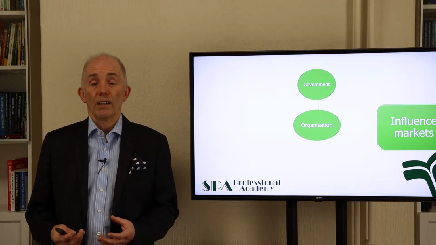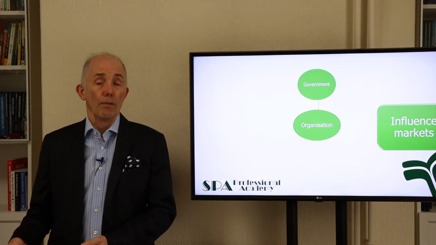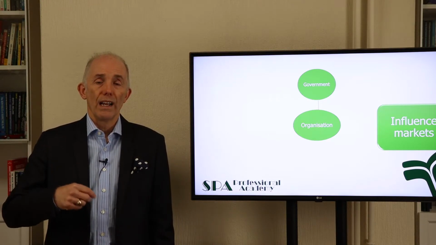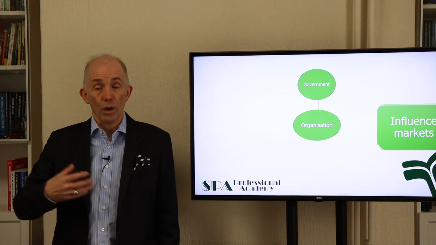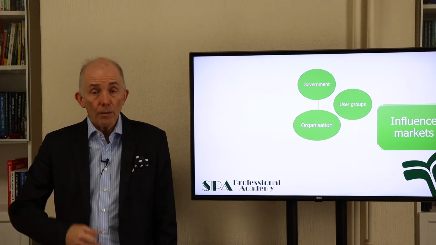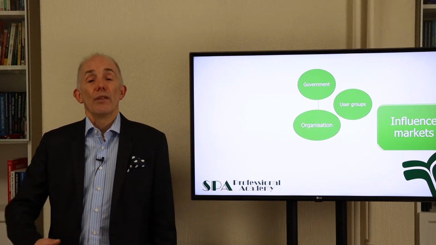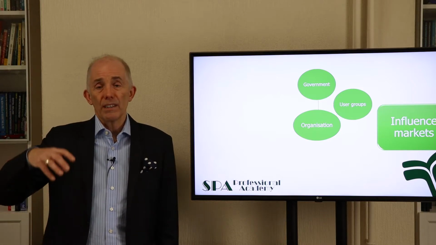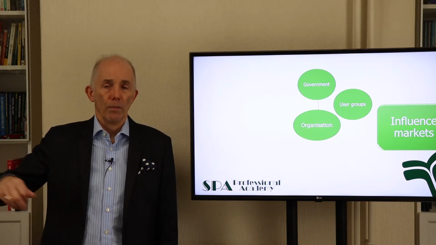So who are we looking at in terms of that? Well, it could be government. The government might influence the way the organisation operates, what it does, how it works on that basis. Particular user groups, the influence of those user groups. So they might be slightly separate from consumers.